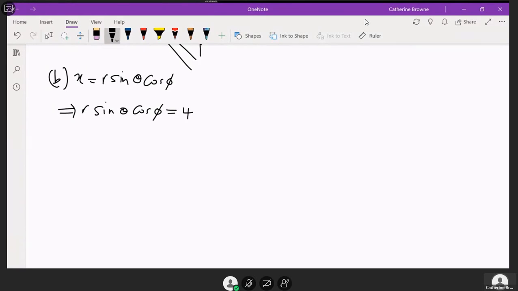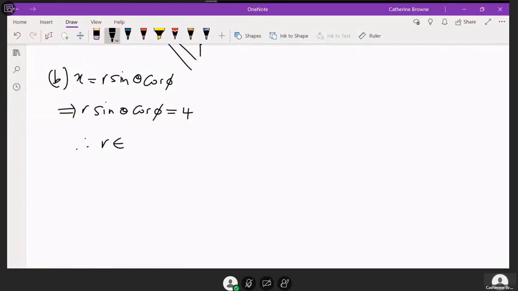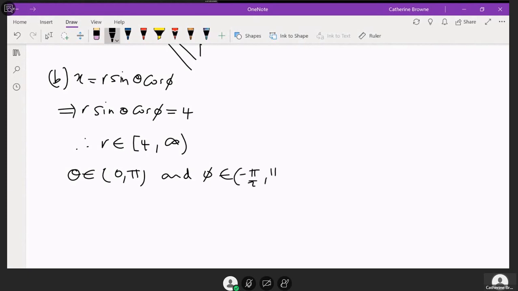And so this time the minimum value of r occurs when sine theta and cos phi are at maximum. And so we get again that r is between 4 and infinity. Theta is between 0 and pi, and phi is between minus pi on 2 and pi on 2.